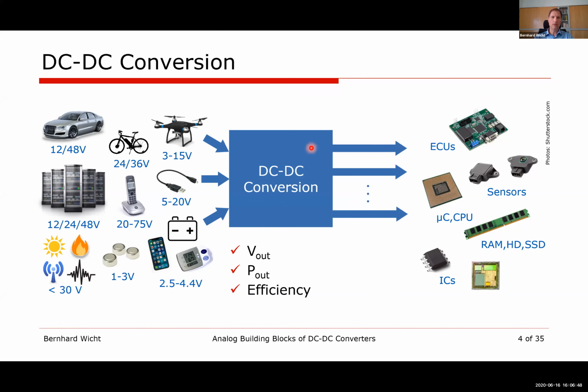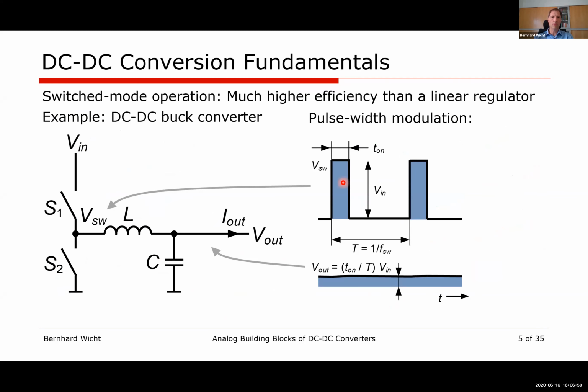If you look now into this DC-DC converter block, there are various ways to implement these concepts. The fundamental characteristic is switch mode operation. We can use switches plus some discrete passive components. That can be capacitors, then we have so-called switched capacitor converters.